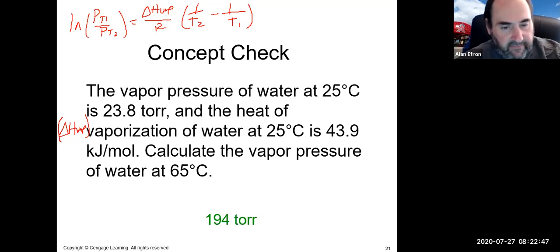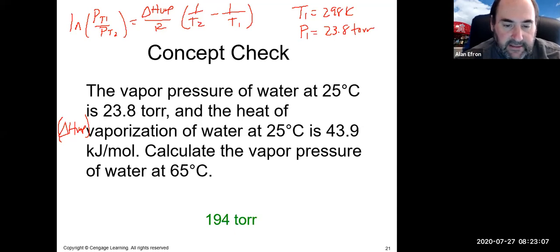So we do have to do some conversions. Like most things with temperature, we need to convert them into Kelvin. If we call T1 our 25 degrees, that gives us 298 Kelvin. Since I called that T1, my P1 will be 23.8 torr.